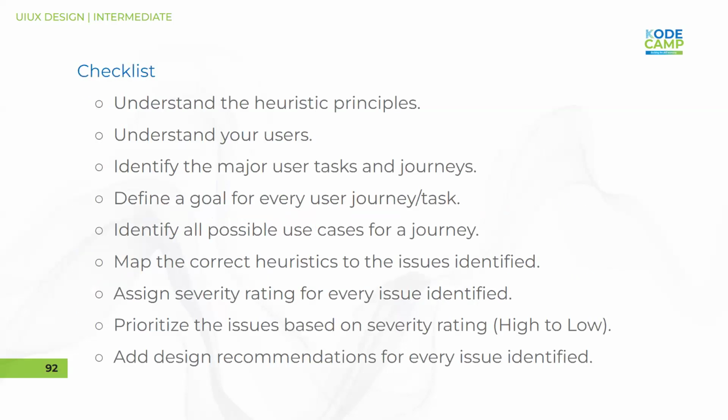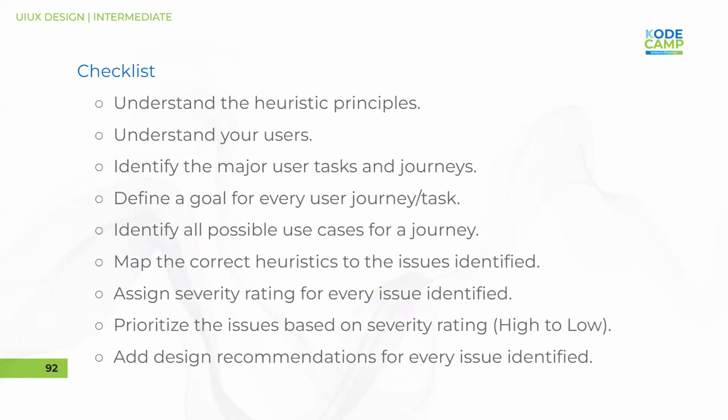So at the end of this, what you should check is: do you understand heuristic principles, and do you understand your users? Can you identify major user tasks and journeys? Can you define goals for each user journey or task? Can you identify all possible use cases for a journey? Can you map out the correct heuristics to an issue identified?